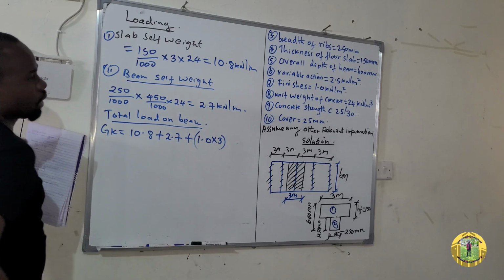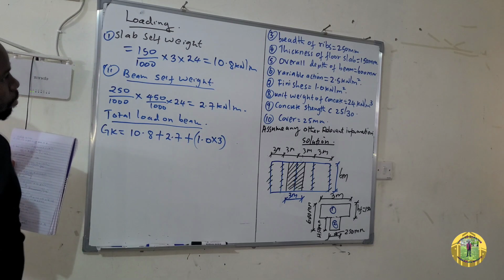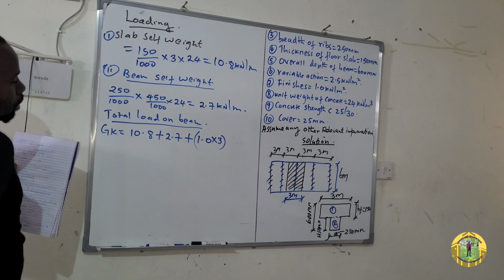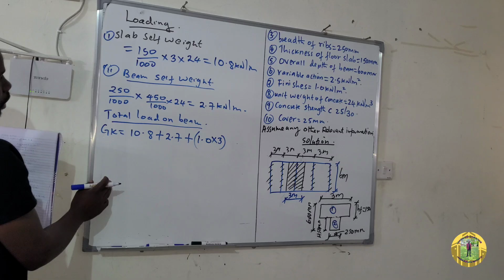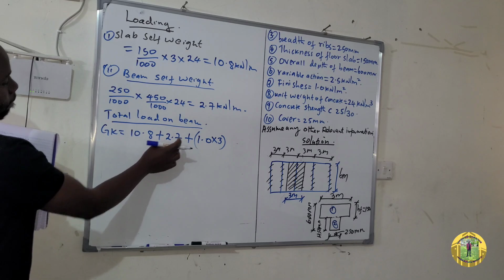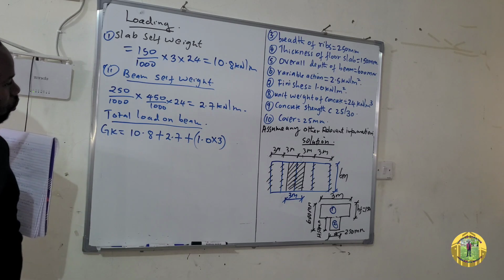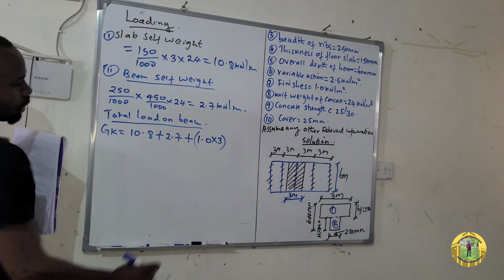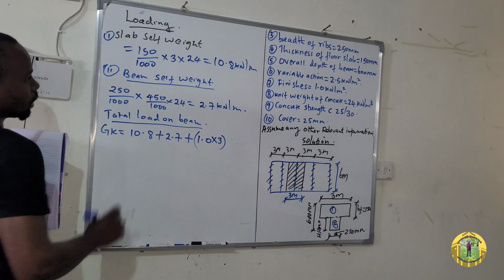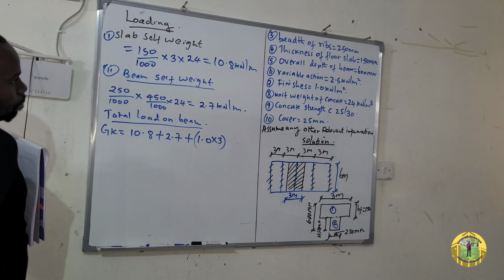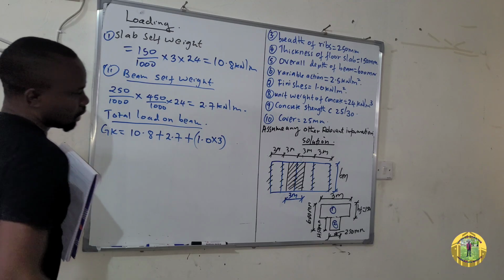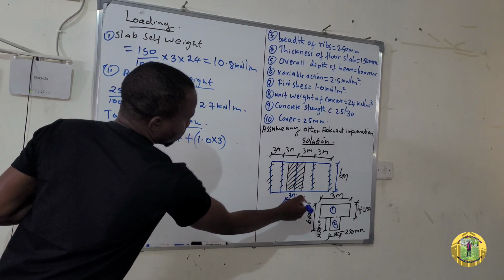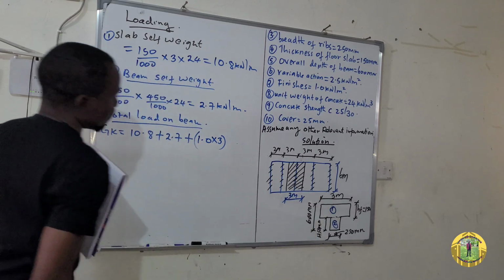By doing so, you are changing it from kilonewton per meter square to kilonewton per meter, because this 10.8 is in kilonewton per meter, as well as 2.7. So you can't just add 1, because 1 is in kilonewton per meter square. So multiply by 3. 3 is the distance supported by this beam, from here to here.